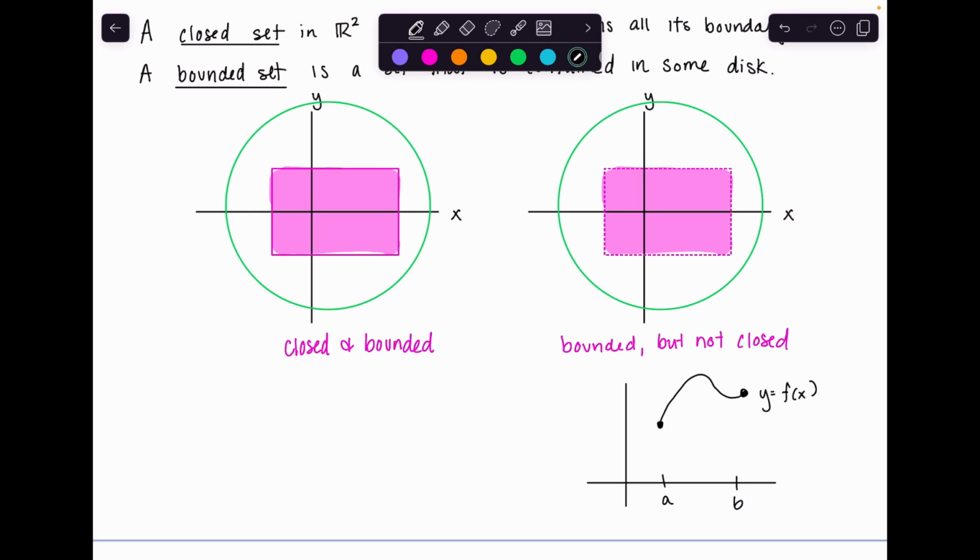You would have to first find all the critical values inside A and B. So like in this example, this would be a critical value. And you would have to find the y value corresponding to that point. Then you needed to check the endpoints as well. And so of those 3 z or y values, the biggest one was your absolute max. The smallest was your absolute min.